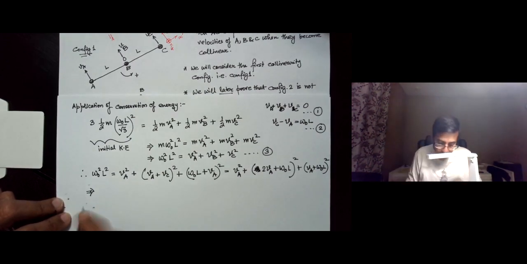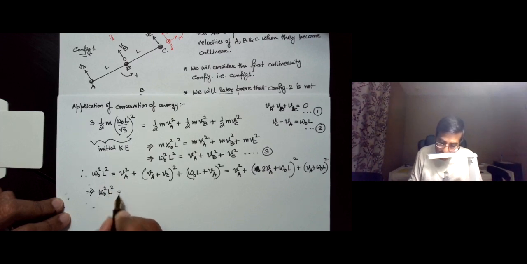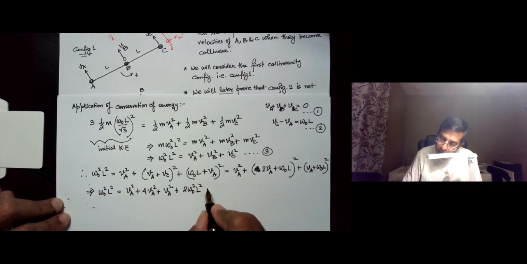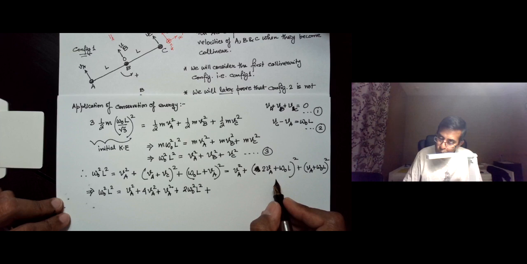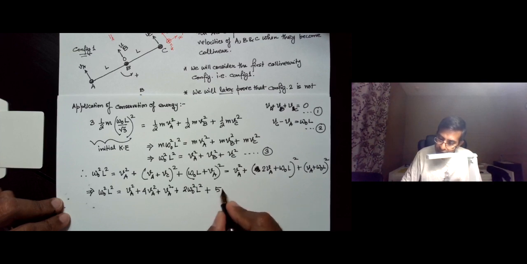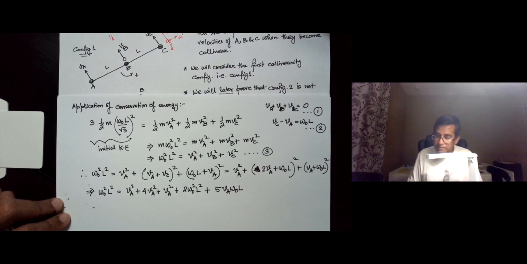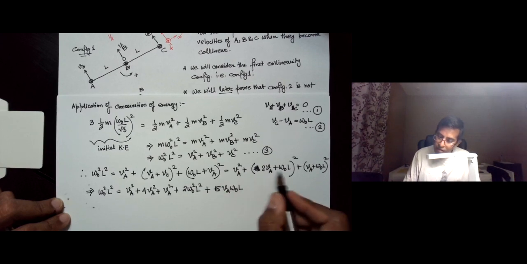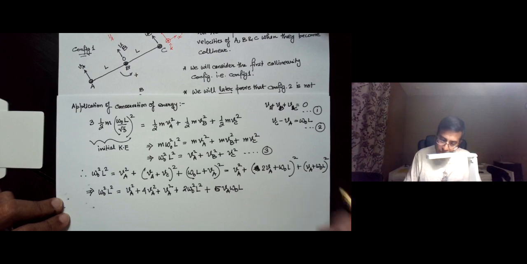If we simplify, we are going to have omega naught squared L squared equal to Va squared plus 4Va squared plus Va squared plus 2 omega naught squared L squared plus 6 Va omega naught L. This is going to give me a 4 and this is going to give me a 2, sorry.